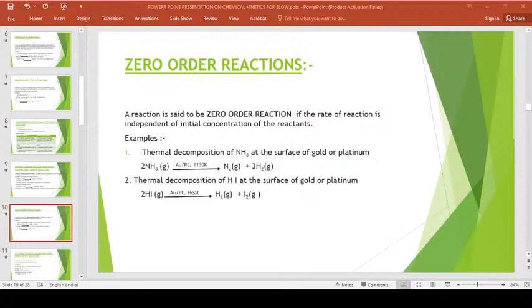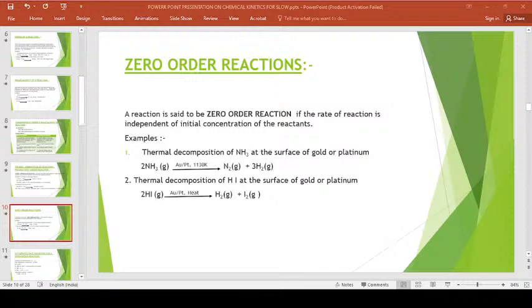Now let us come to the characteristics of first order reaction. There are three important characteristics of first order reaction. Now let us see. The first characteristic is dimension or unit.